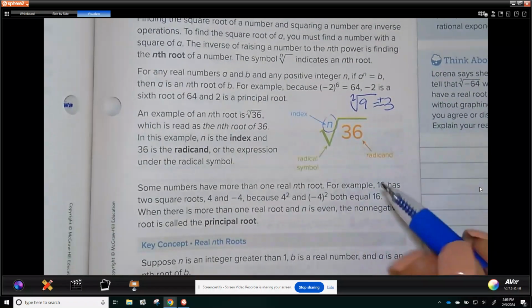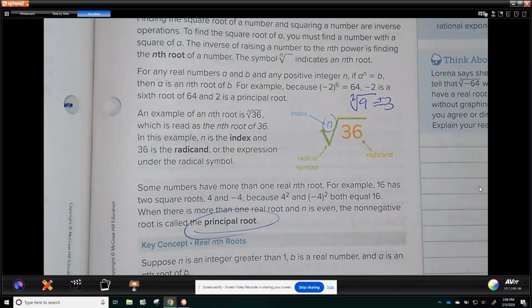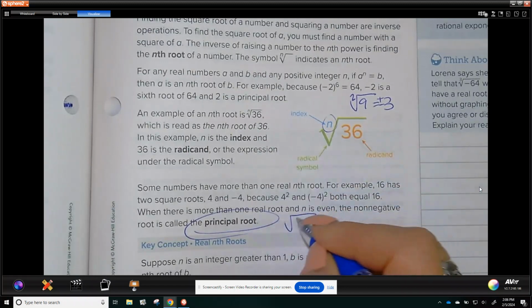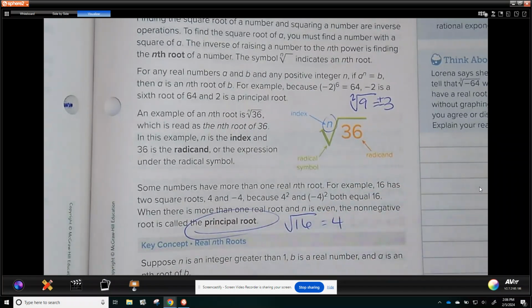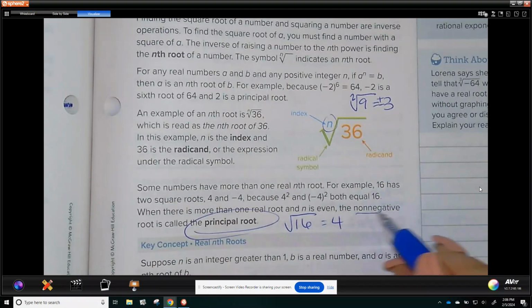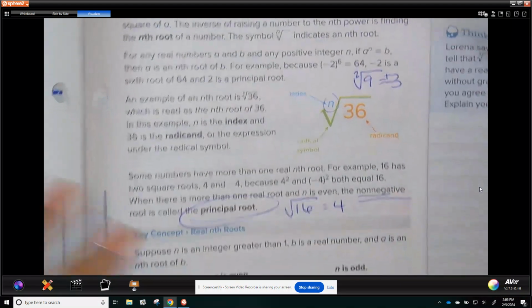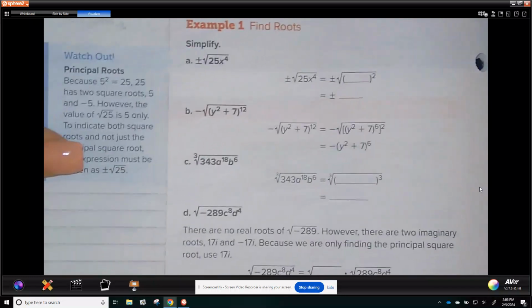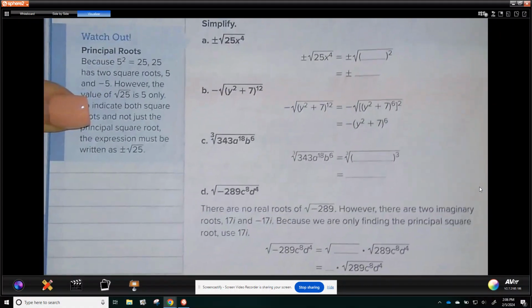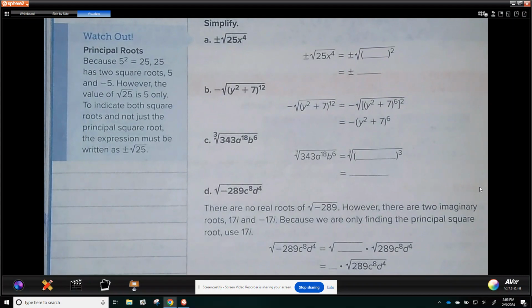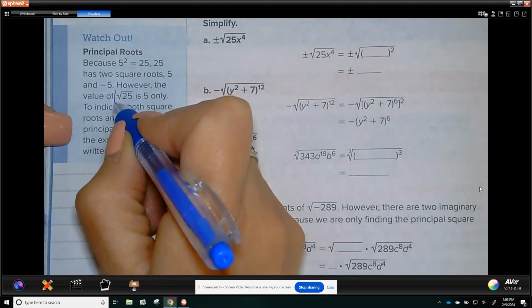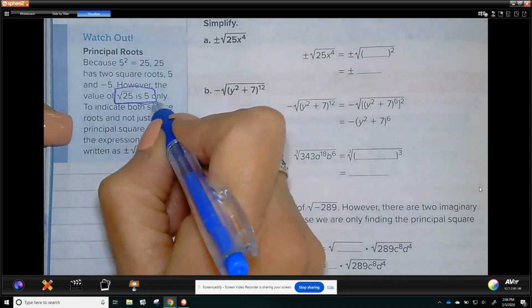Now, principal root, although I'm not sure you really see this again, is the square root of 16. The principal root is 4 because it's plus or minus 4, so the non-negative answer. And go to the next page. Okay, so finding roots. You should put a square around this.